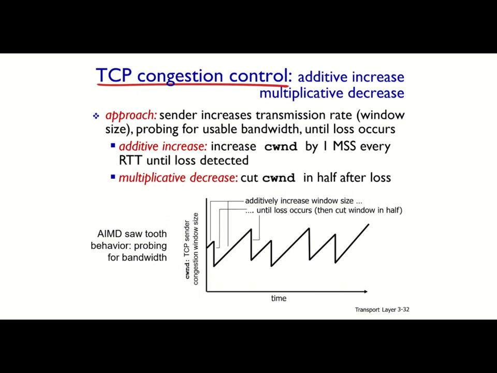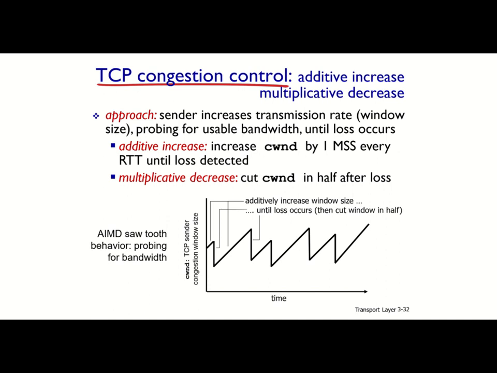CWND specifies how much the transmission rate can be, how much window size can be. So for TCP to handle network congestion, it has to increase the window size, CWND, gradually until a loss occurs.